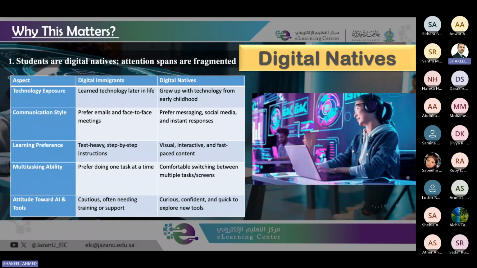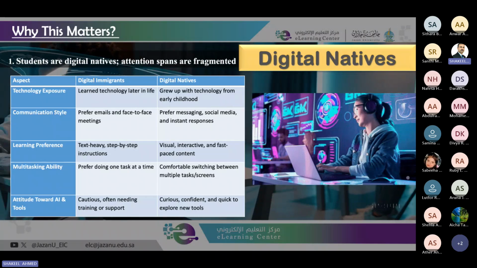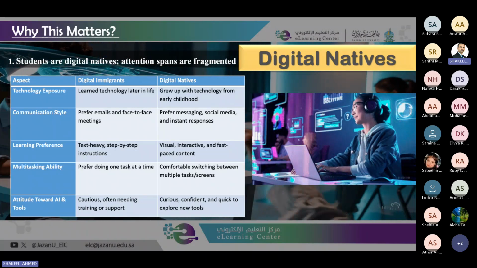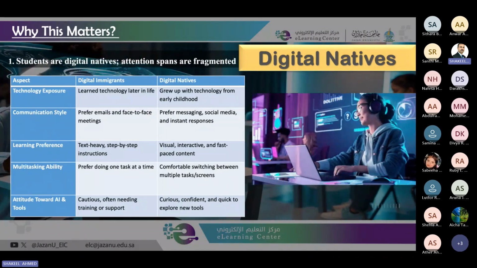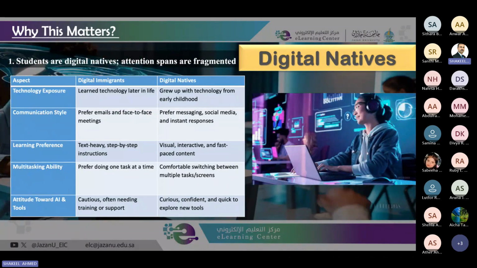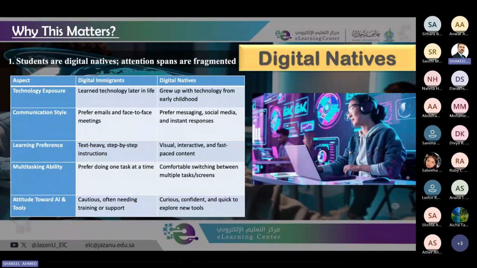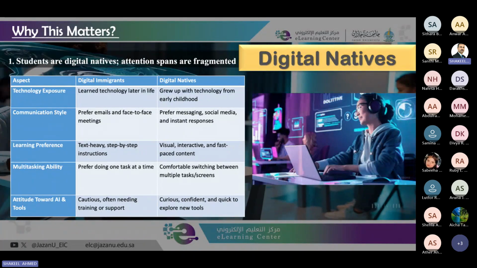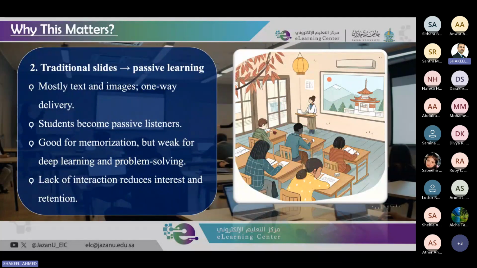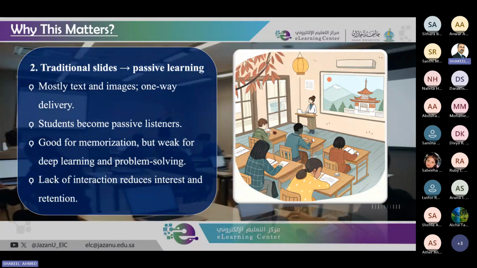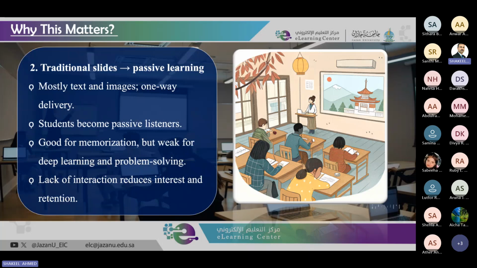So if we use long lectures and text-heavy slides, we risk losing their focus. But if we design lessons that are interactive, visual, and hands-on, we match their style of learning. At Jazan University, when we add small digital tasks to lectures, we see participation increase. So immersive technologies can help us align with how our students already interact, not only in the classroom, but with the world as well.